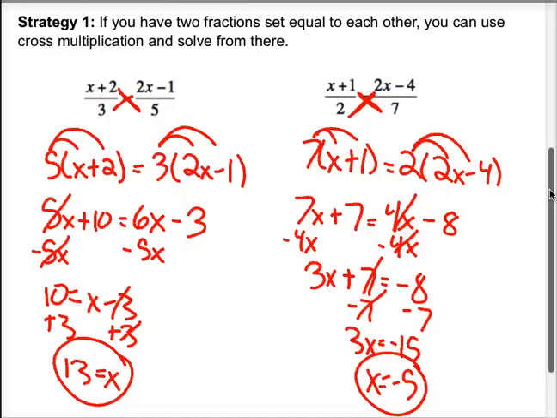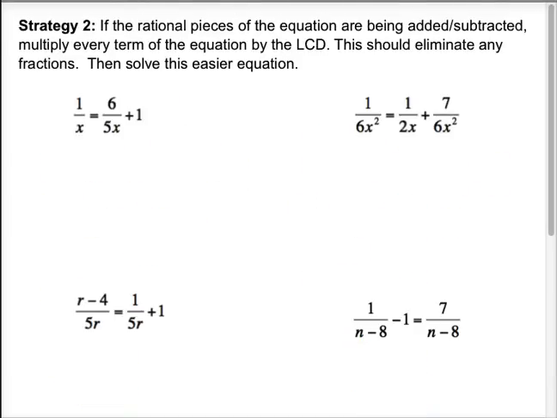Now, the strategy that's more interesting, the one that we're going to focus on more today, is if the rational pieces of an equation are being added and subtracted, then multiply every term of the equation by the least common denominator. This should eliminate any fractions. Then solve this easier equation. All right.